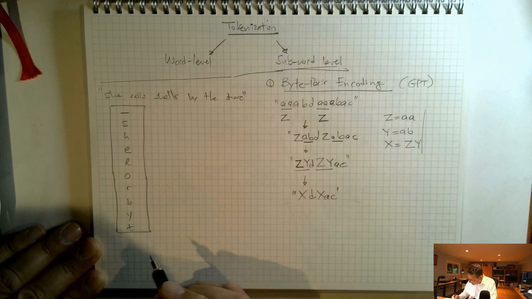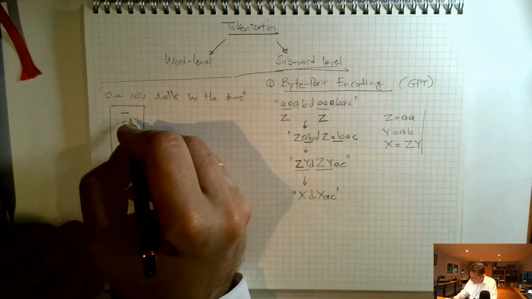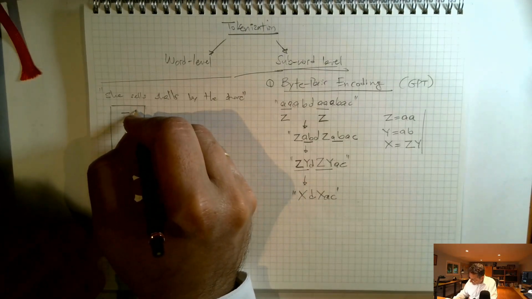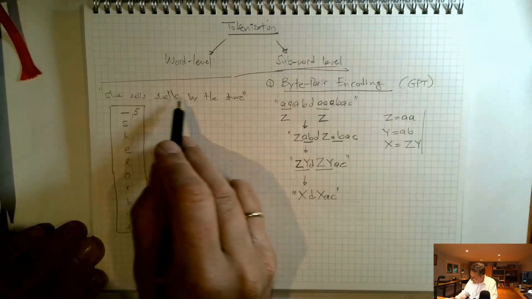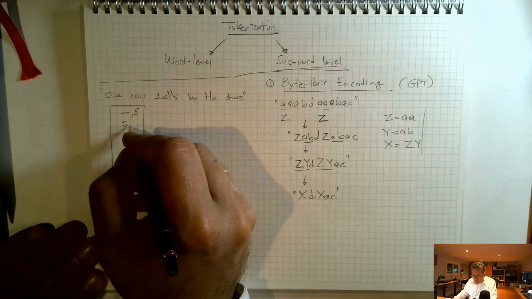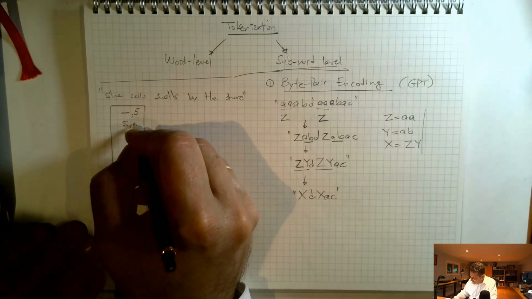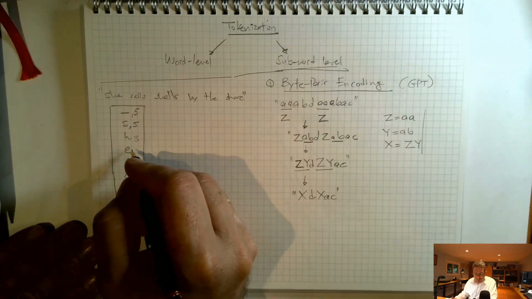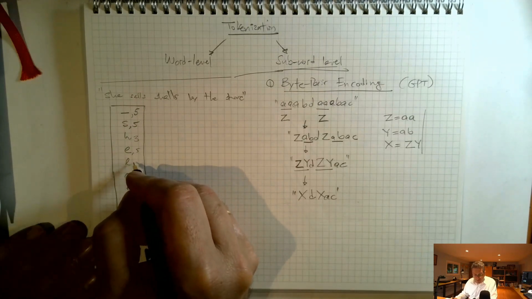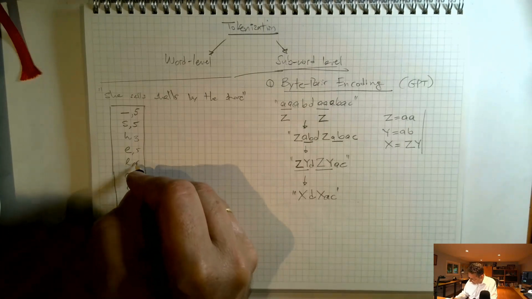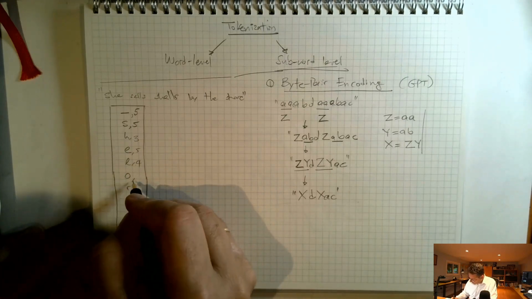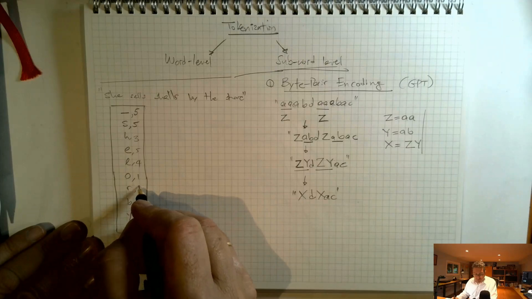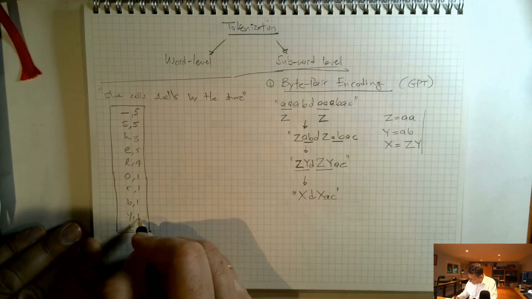Let's write next to them the frequency with which we meet each of these characters in this text. So we have 5, we have also 5 here. We have 5 S's, 3 H's, 5 E's, 4 L's, 1 O, 1 R. Everything else is 1.